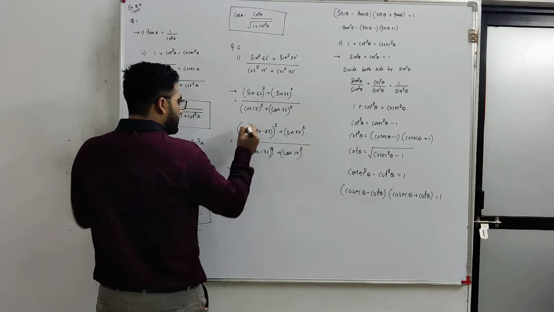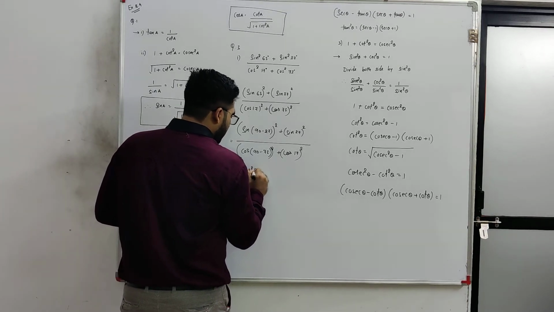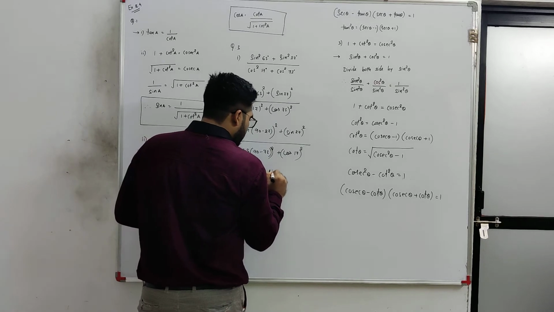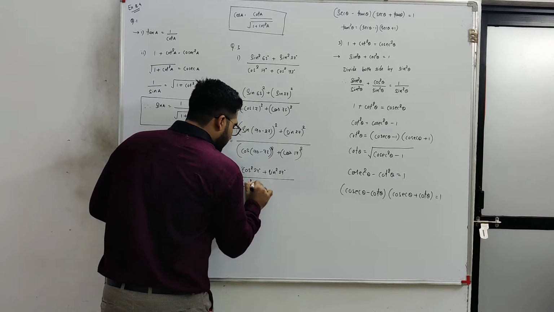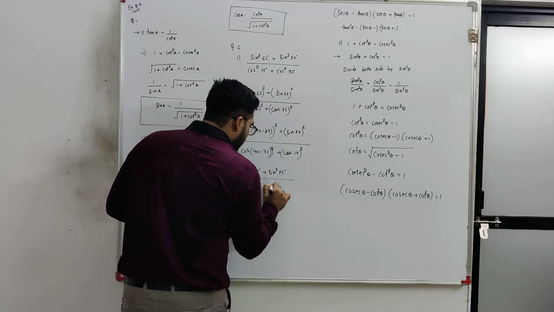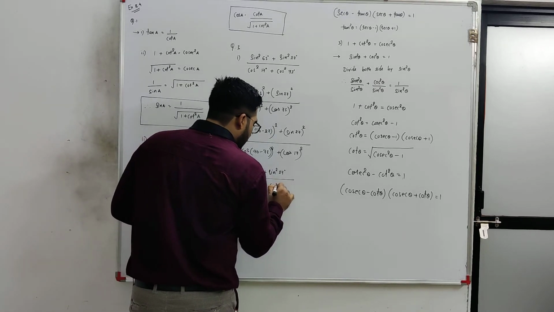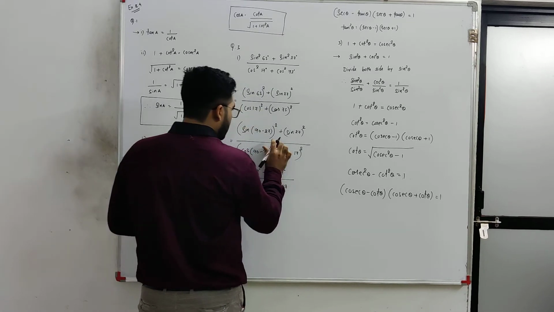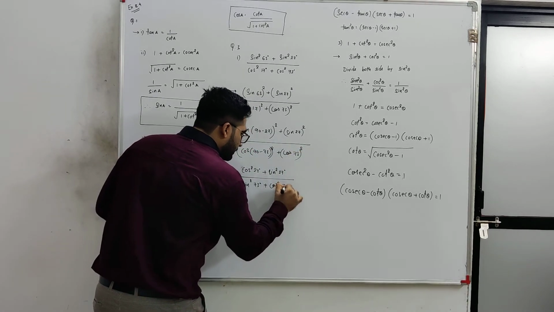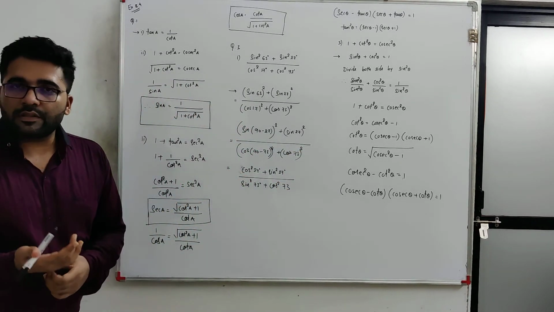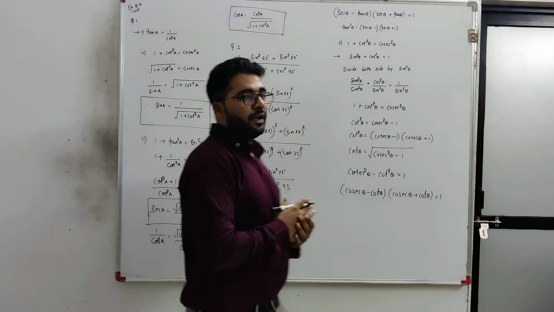Sine of 90 minus 27 is cos, so it is cos square 27 degree plus sine square 27 degree divided by cos square 73 degree plus sine square 73 degree, because cos 17 becomes sine 73. Therefore, sin square theta plus cos square theta is equal to 1. Same way, 1. So we are getting the result as 1.